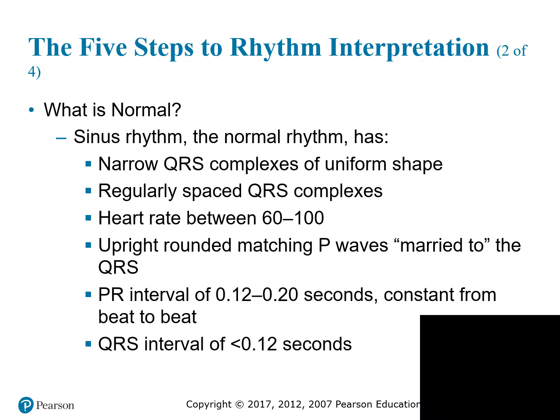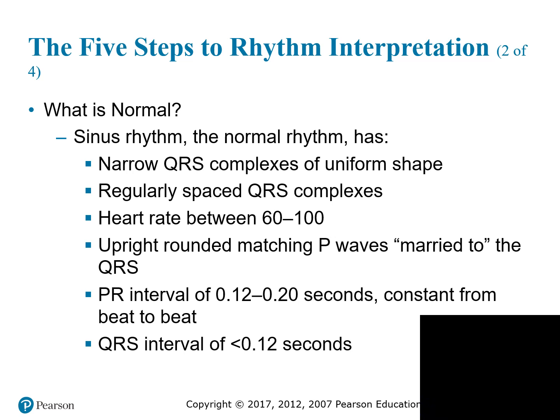A sinus rhythm usually has a heart rate between 60 and 100 beats per minute because it is normal. It will always have upright rounded P waves that are married to the QRS.